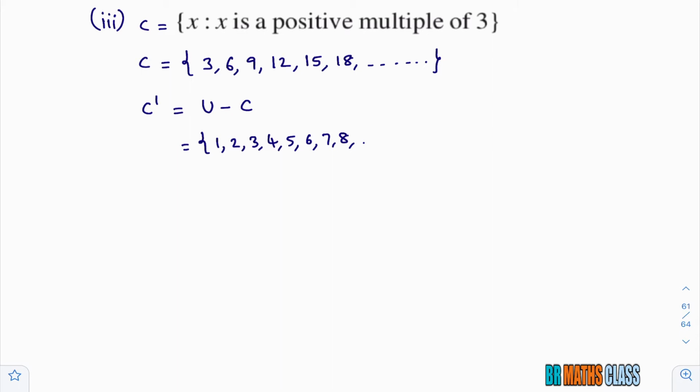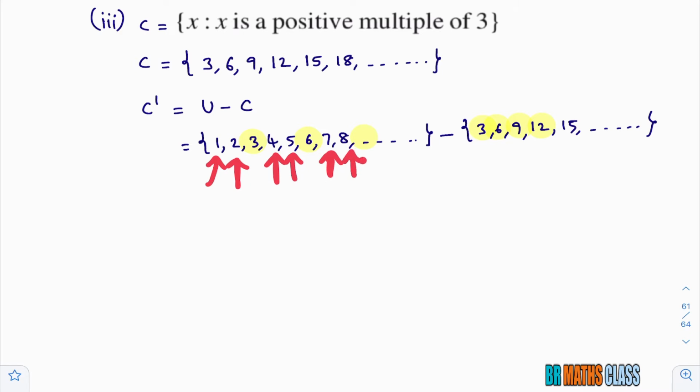7, 8, like this. These are all the set of all natural numbers, minus set C. What is set C? Set C is 3, 6, multiples of 3, 12, 15, and so on. Now you observe the elements which are common in both: 3, 6, 9, 12. That means here, what elements are remaining in the first set? You observe they are not multiples of 3. Please observe that point.